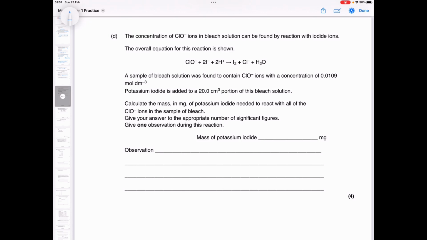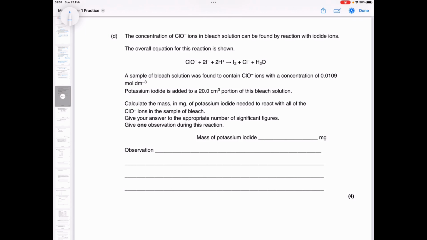Next part now, we've got a calculation. The concentration of ClO- ions in bleach can be found by reaction with iodide ions. The overall equation for this reaction is shown. A sample of bleach solution was found to contain ClO- ions with a concentration of 0.0109 moles per decimeter cubed.